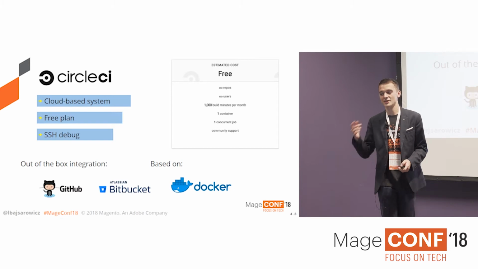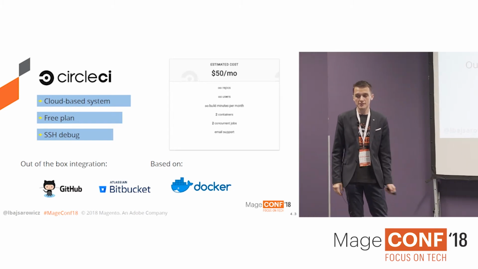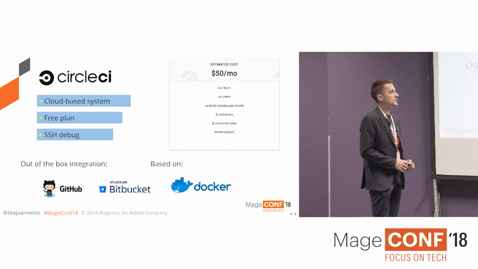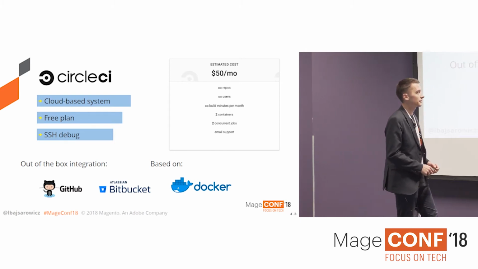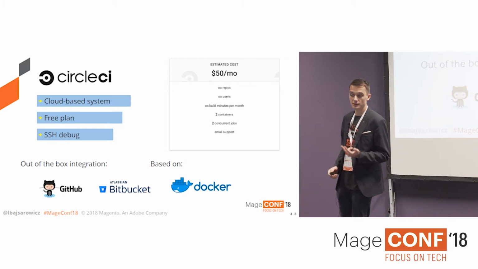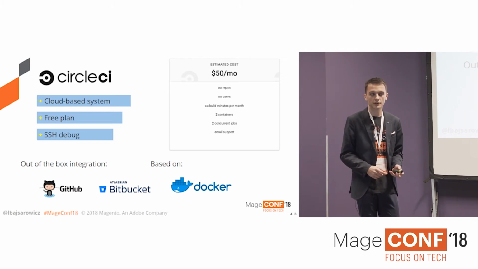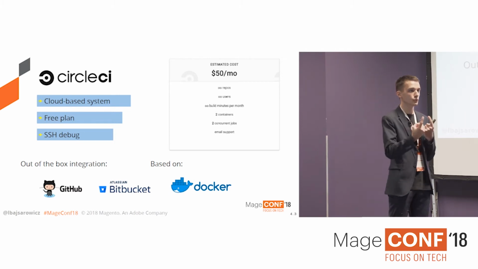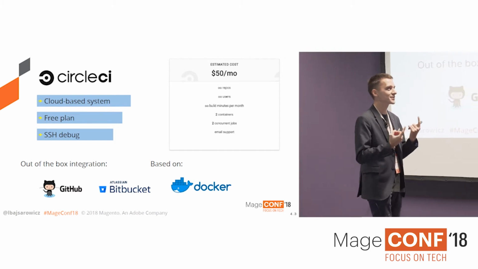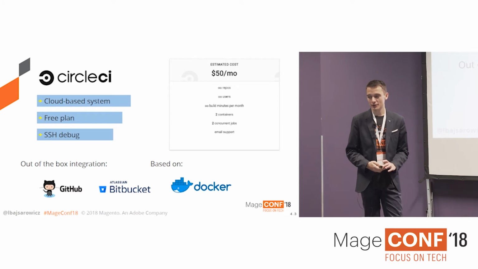But I will mention that in the next step, because it has the cheapest paid solution, which is $50 USD monthly, and then you have unlimited repos, unlimited users, and unlimited build minutes per month. But you have just 2 containers, so you can do only 2 builds simultaneously. So you can have only 2 concurrent jobs.